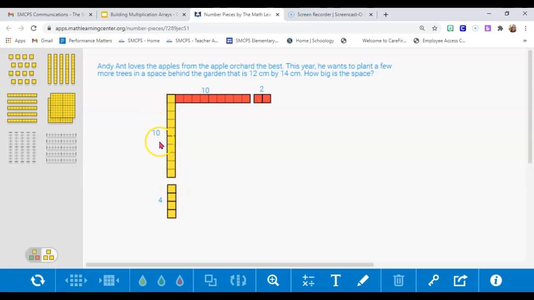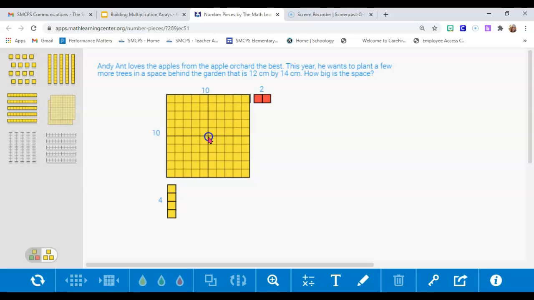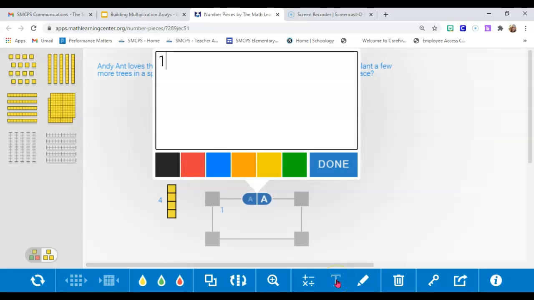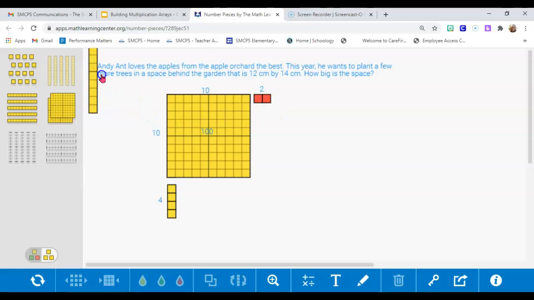Now I have 10, this number, times this 10. When I multiply 10 times 10, I get 100. So I can put a mat in place of that to show that that is 100. Now I have to do 10 times 2. 10 times 2 is 20.